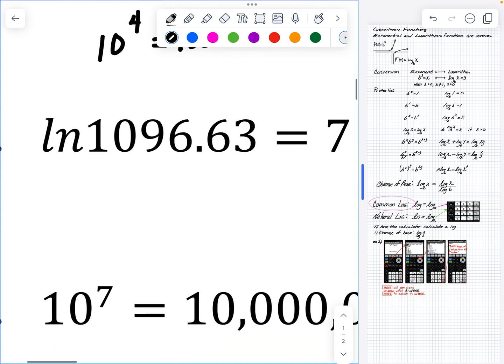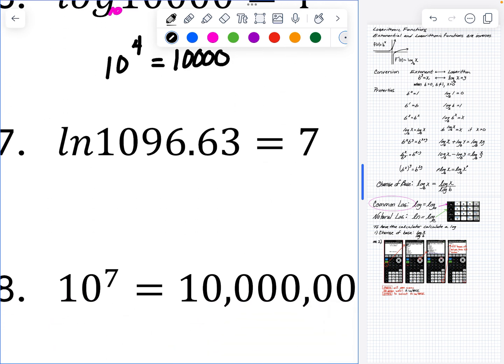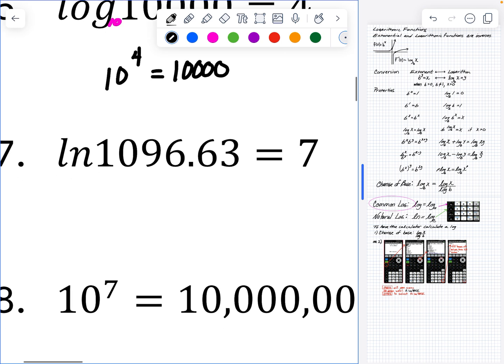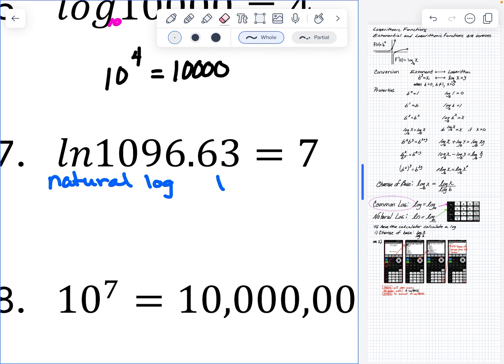Now, when you have ln, notice that's not log, it's ln. That is a natural log, and the natural log has a base e. This is a natural log, which means it has a base of e.